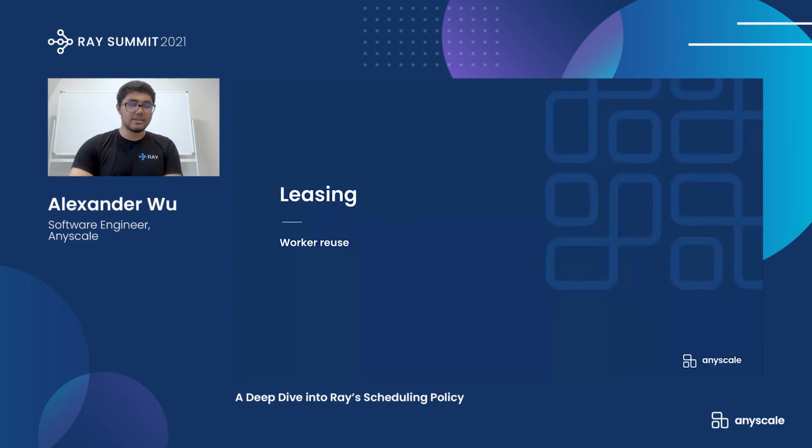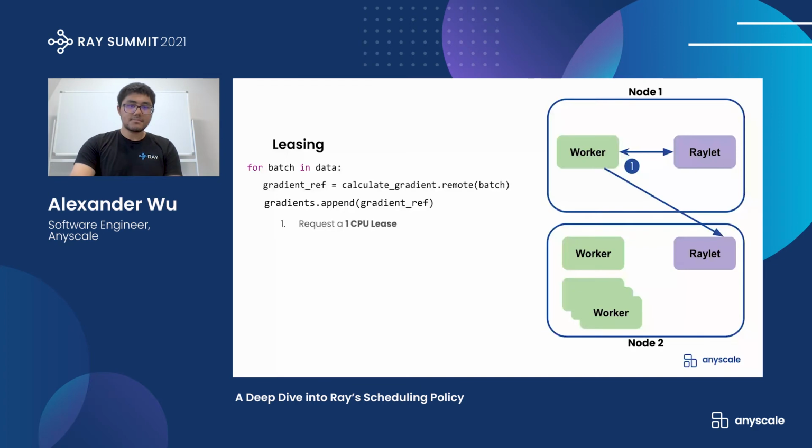So the idea here is that when you lease a worker, you keep control over that worker, and you can do whatever you want with it and execute whatever tasks you want on that worker. So let's skip through some of the parts similar to the previous step. Let's pretend we ask our local raylet for a lease, and it spills us back to node 2, and then we request a lease from node 2.